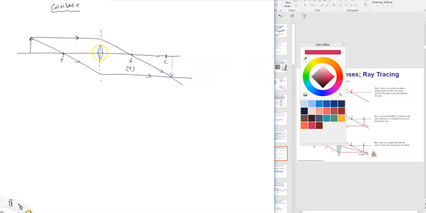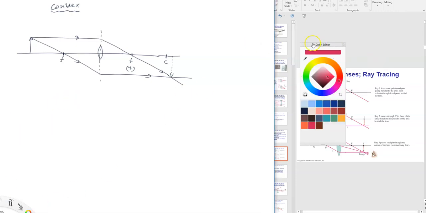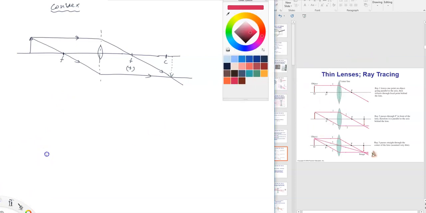The light that goes through, okay, let me move this color editor. Light that goes through the center of the lens goes without bending.